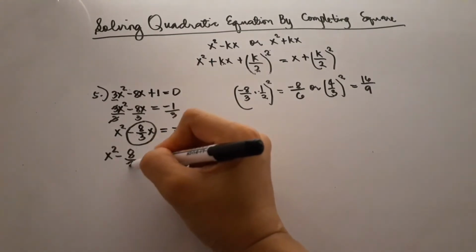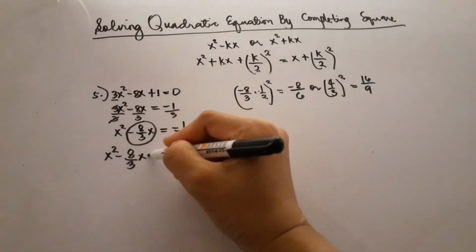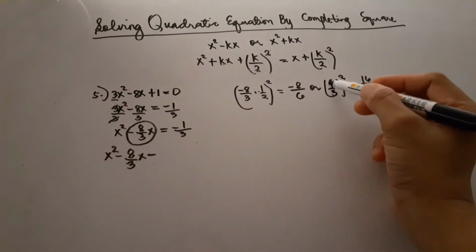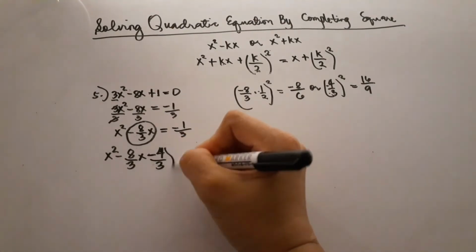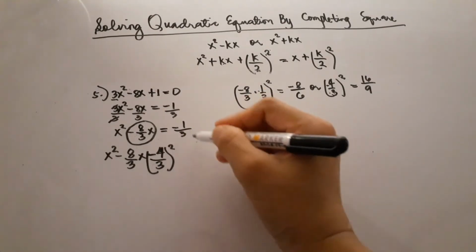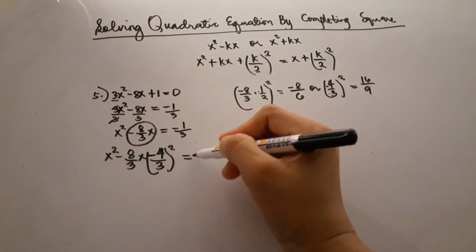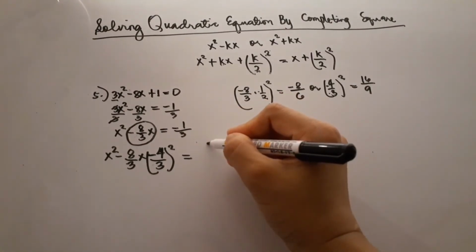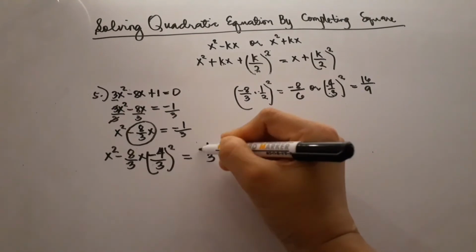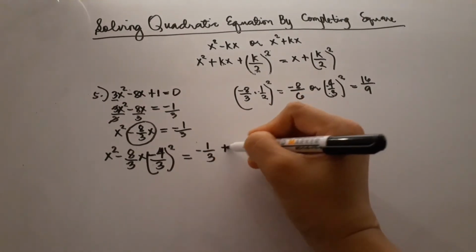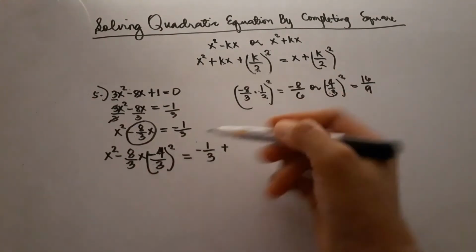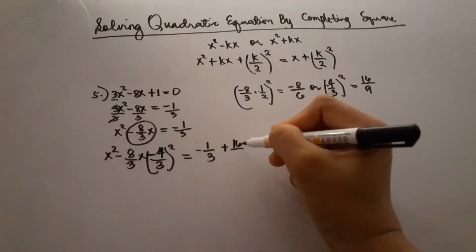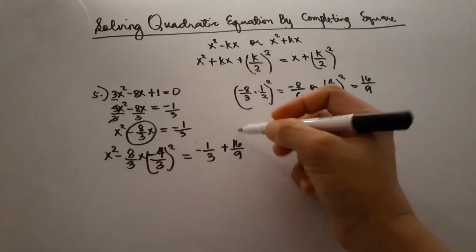So this is equal to -1/3 plus 16 over 9.